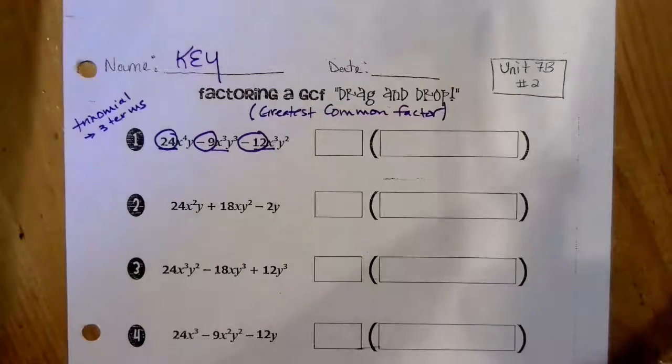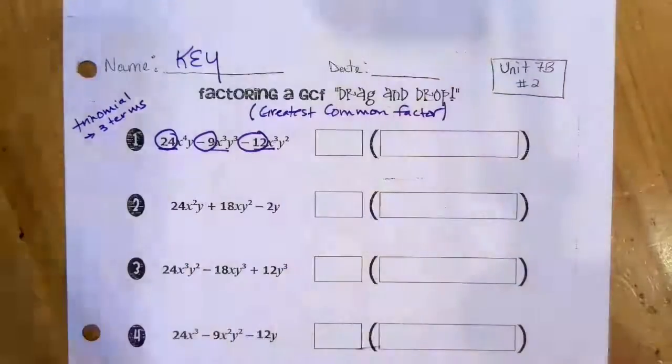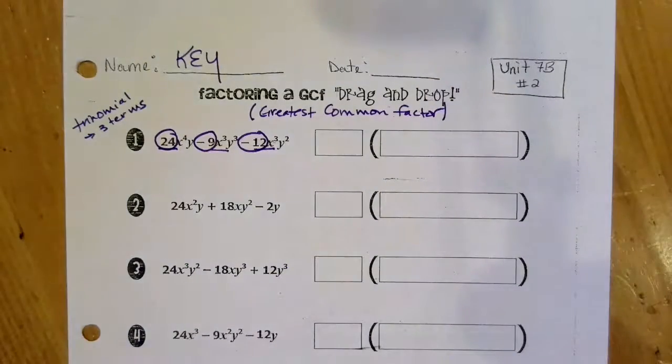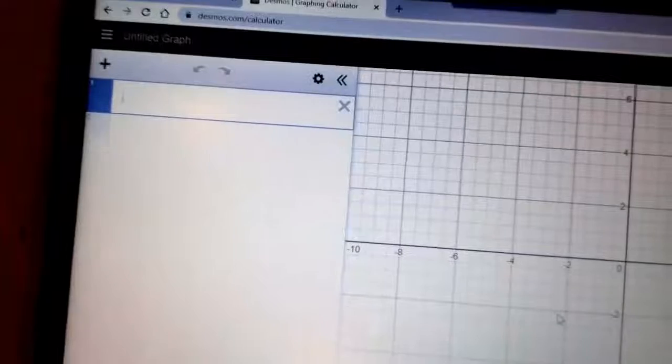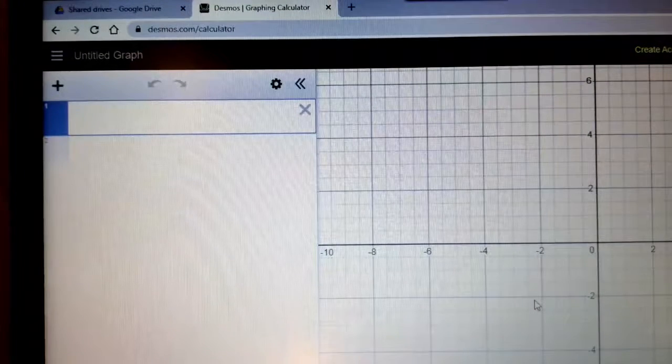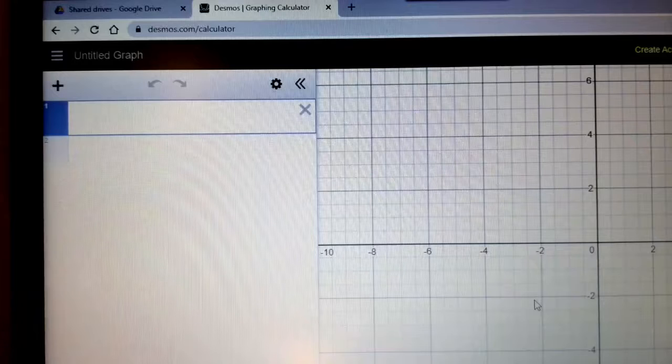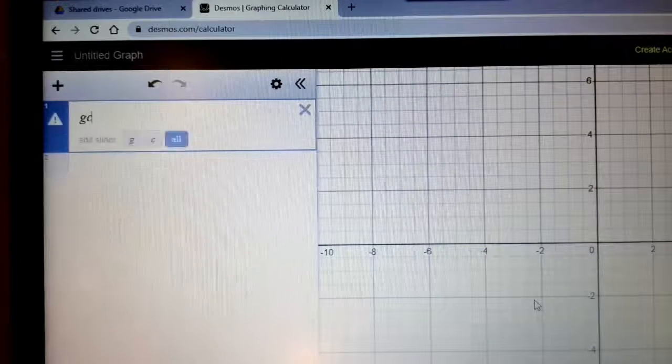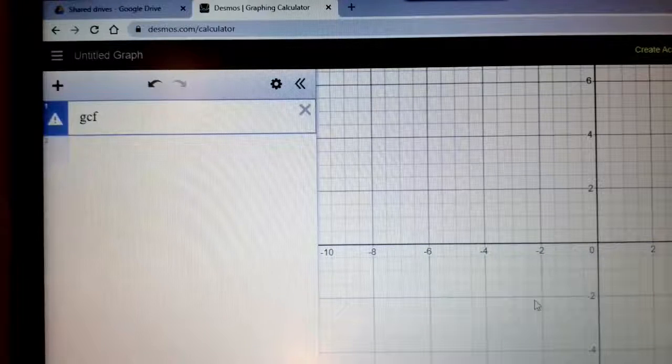Okay, so I hope you have Desmos handy, because we've got a 24 and a 9 and a 12. So we'll go ahead and bring Desmos into the conversation. Do you remember what 3 letters we type in? GCF, greatest common factor.